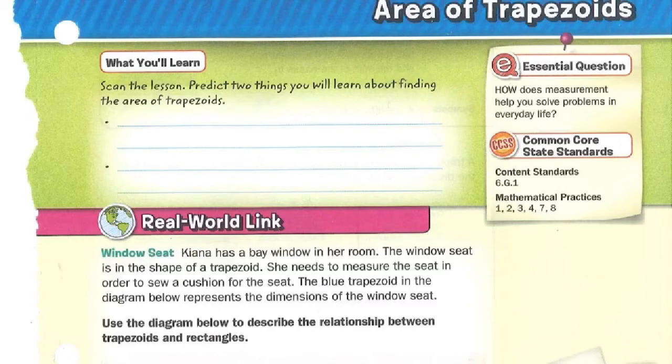Okay, in finding the area of a trapezoid, if you were to scan this lesson and predict two things that you would learn, you are going to hopefully discover a couple of different things.